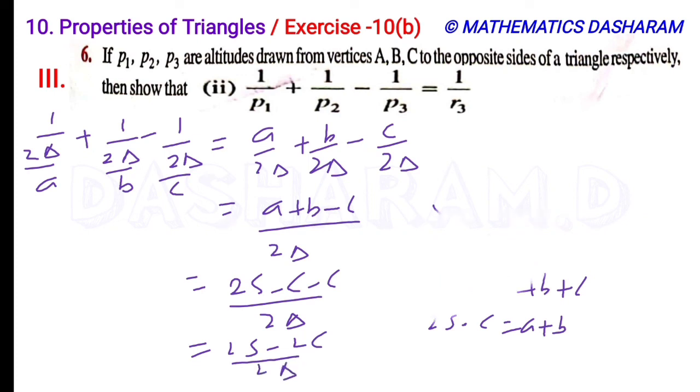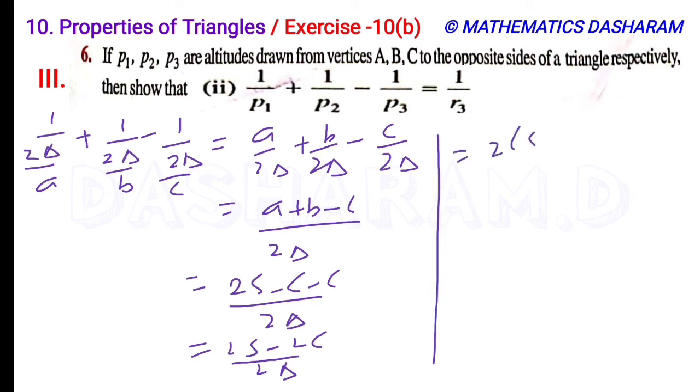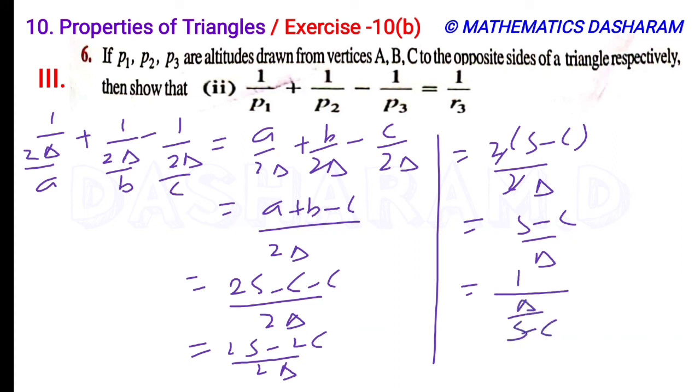Let's take the 2 common. So s minus c divided by 2 delta, the 2 cancels, s minus c divided by delta. So s minus c divided by delta can be written as 1 by delta divided by s minus c. But delta divided by s minus c equals r3. So it equals the RHS.